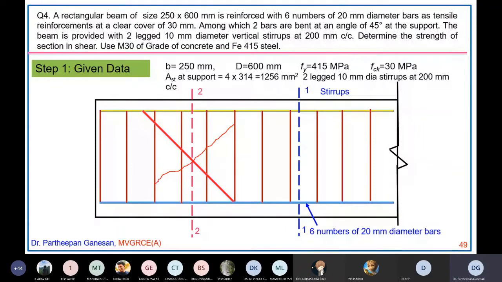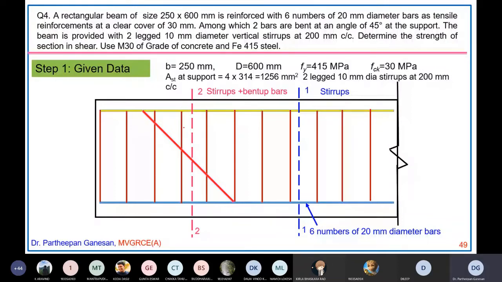To resist this crack, the cranked bar is given perpendicular to it, and these stirrups also will resist the opening of this crack. So at section 2.2, the shear reinforcements are the stirrups and bent-up bars.